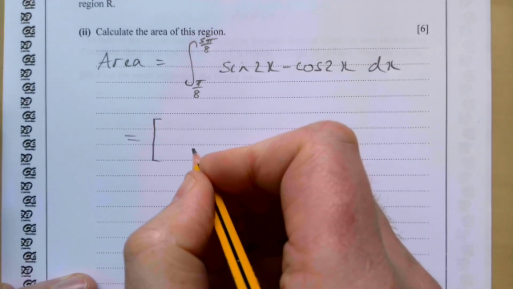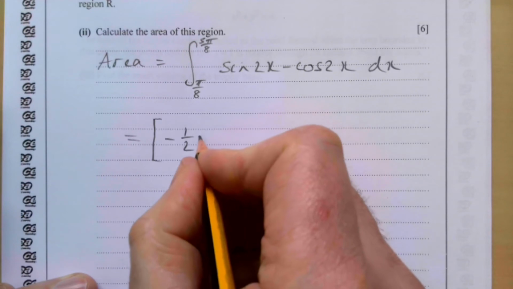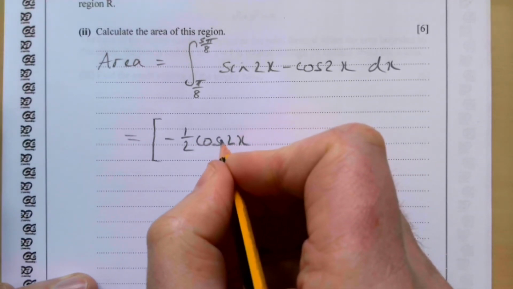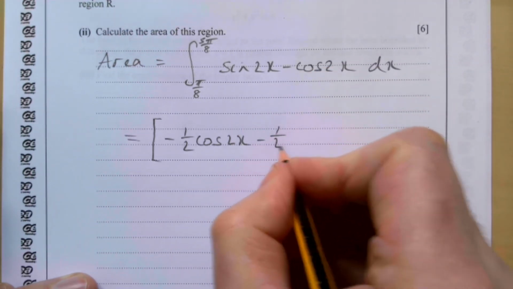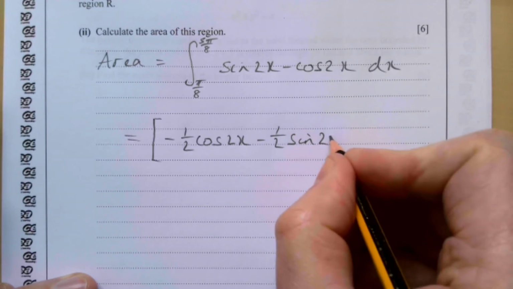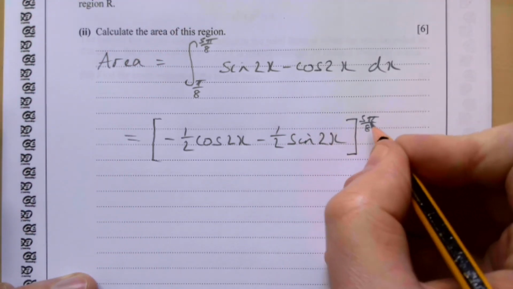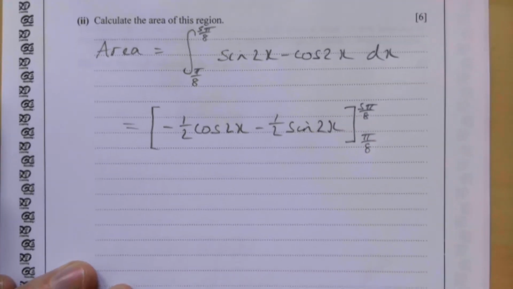Integrating sine 2x is going to give us minus a half cos 2x. Integrating minus cos is minus a half sine 2x. Between 5 pi over 8 and pi over 8.